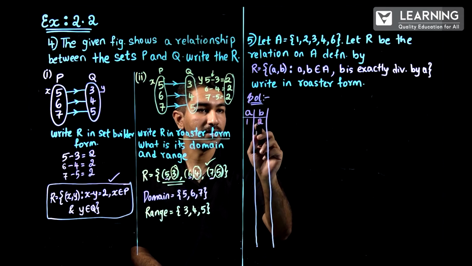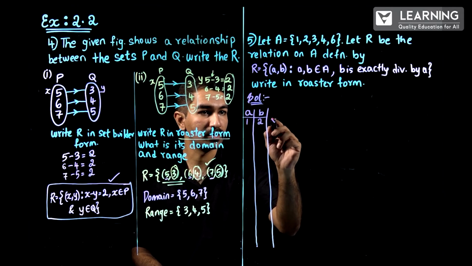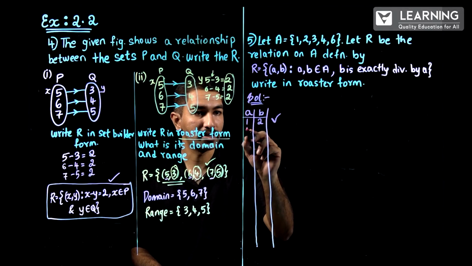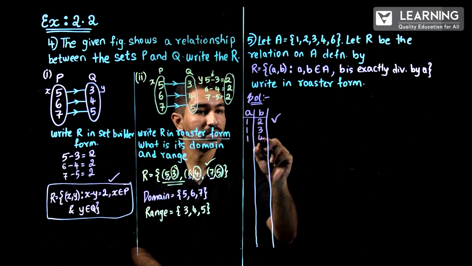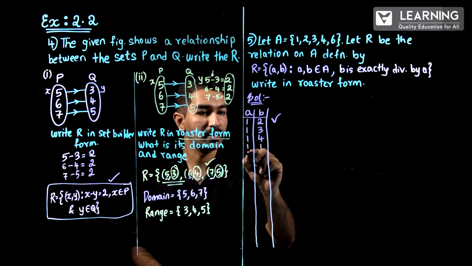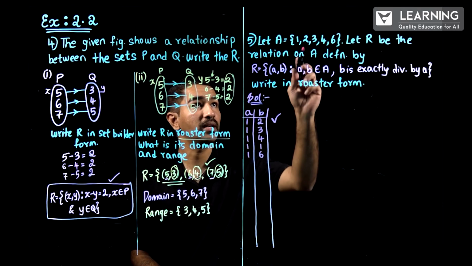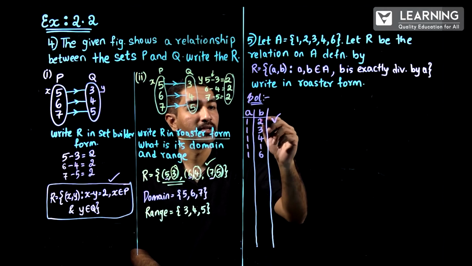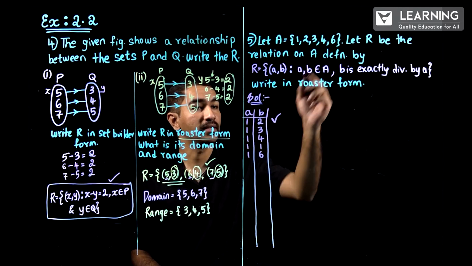Is this divisible? 2 divided by 1, is it divisible? Yes, it is divisible. So we'll put a tick mark. Okay, next 1, 3, 1, 4, 1, 1 and 1, 6. Okay, 1 I missed out, I started from 2. So 2, 3, 4, then I wrote 1, then 6.